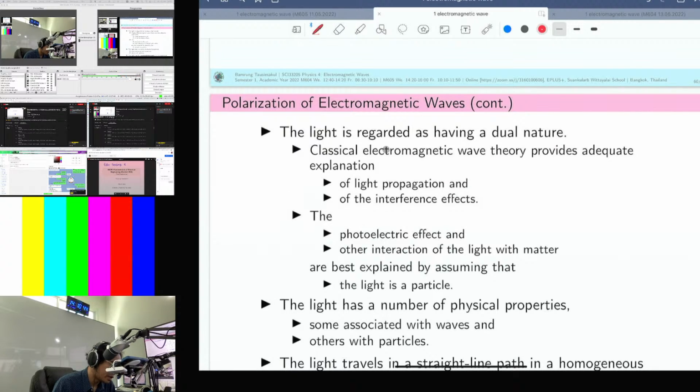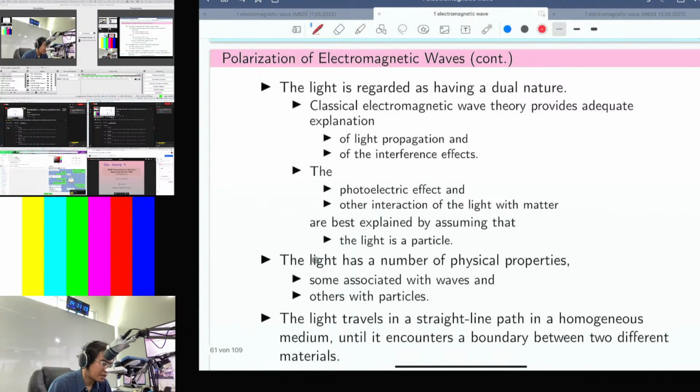The first one is the same as the classical electromagnetic wave theory, it's only an electromagnetic wave, but when it interacts with some matter or particle we're going to see that the light is a particle. So it can be either an electromagnetic wave or a particle too. That's a special thing for the light because this is the result of modern physics.